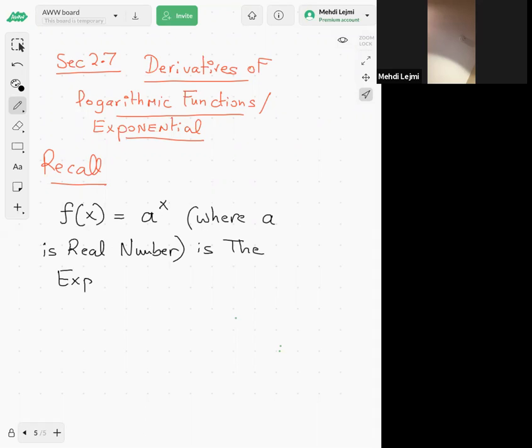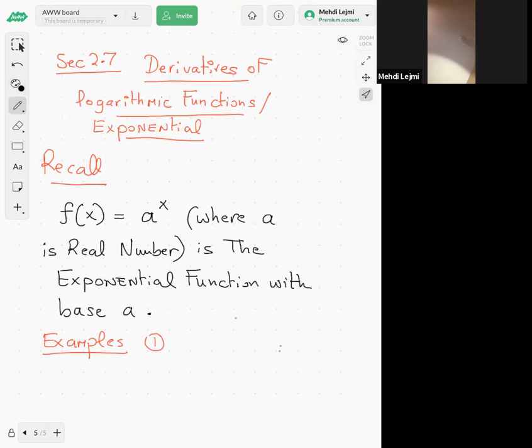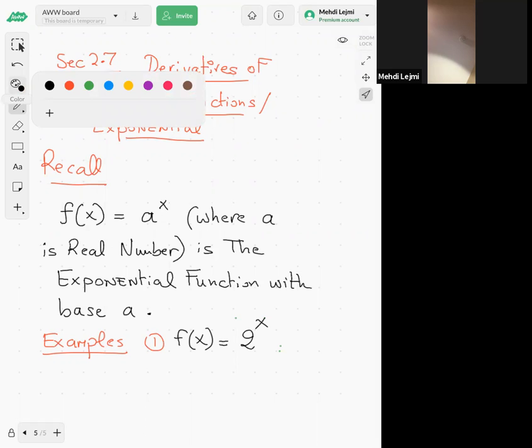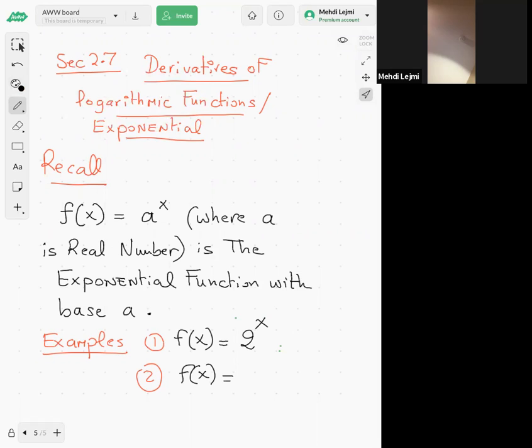So for example, 2 to the power x, f of x equal to 2 to the power x, or your a could be a fraction, for example f of x equal to half to the power x.